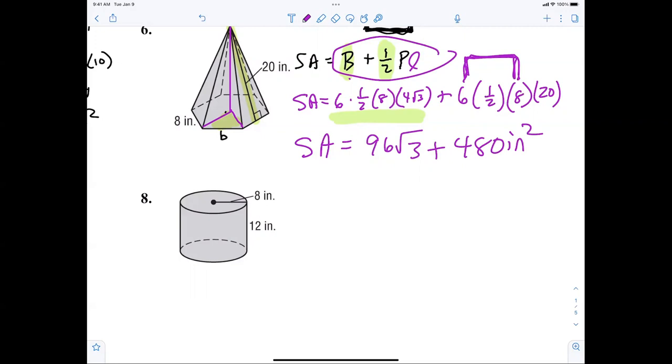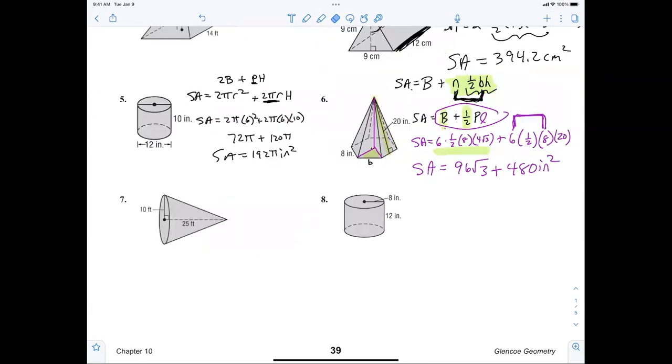Is that correct? 16 times 4 is 64, not right? No, that's right. 3 times 8 is 24. 24 times 4, 96. Is that correct now? All right. 96 radical 3 plus 480 square inches. Does everybody agree? Kind of easy, right? That's not hard.